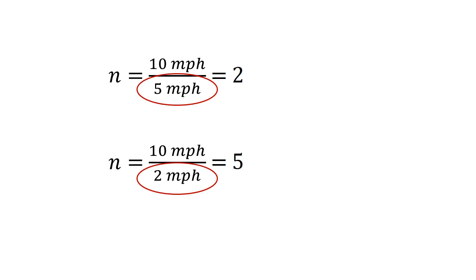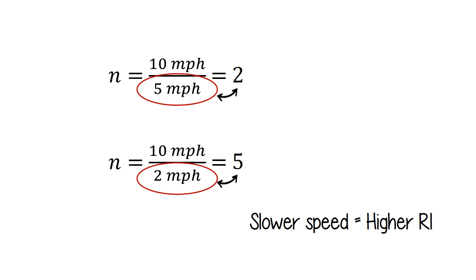Notice how 5 miles an hour is faster than 2 miles an hour, yet 5 miles an hour yields a refractive index that is lower than the slower medium. We can conclude, and we would be correct, that the slower the speed of light through the medium, the higher the refractive index is going to be.